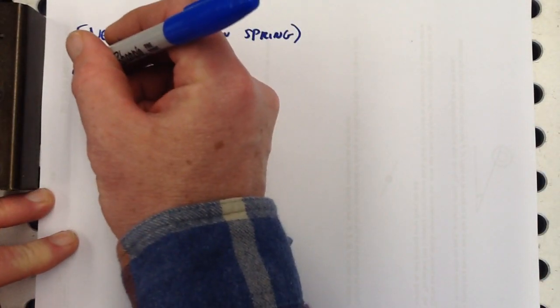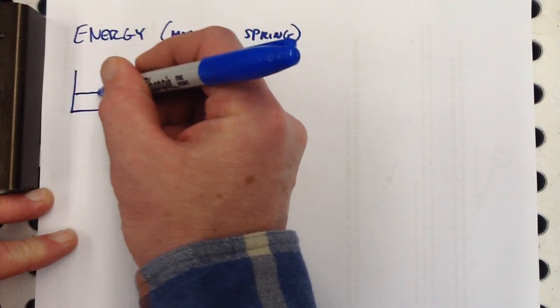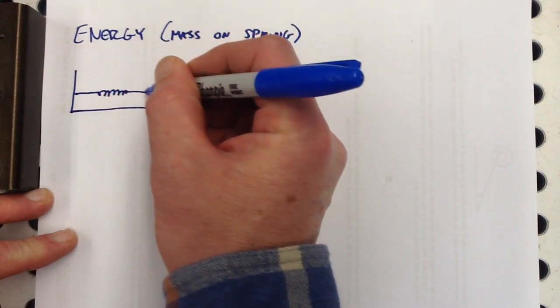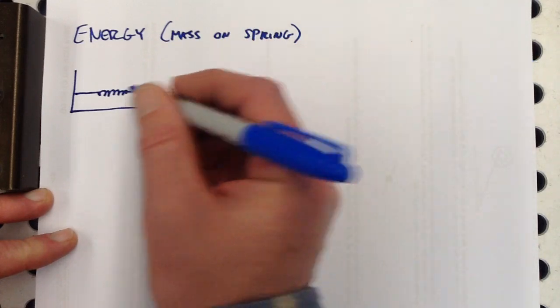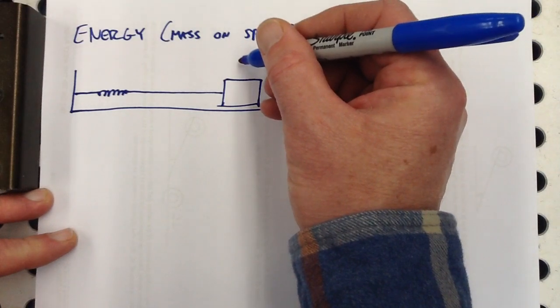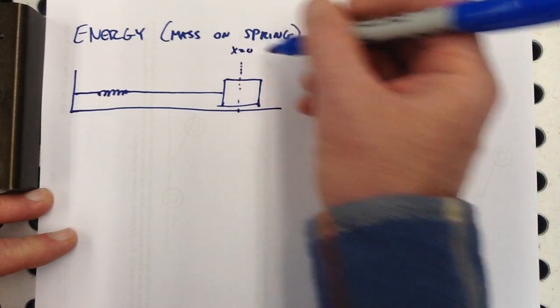All right, so with energy, I'm going to just sketch my mass on spring. Give myself a lot of room here. So there's your spring, and this is the equilibrium position right here.